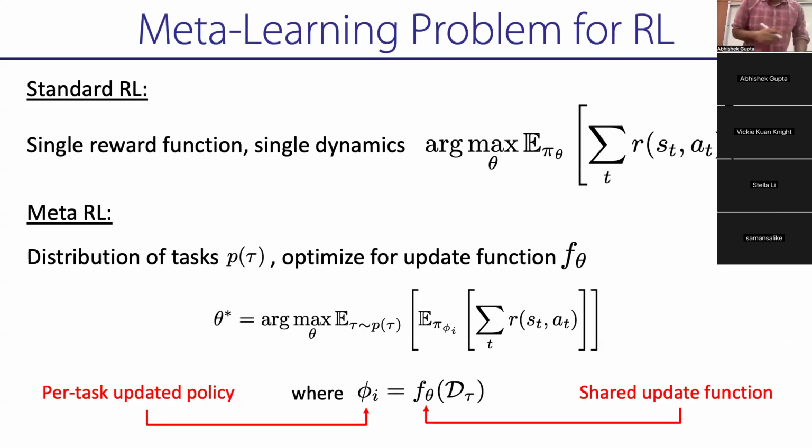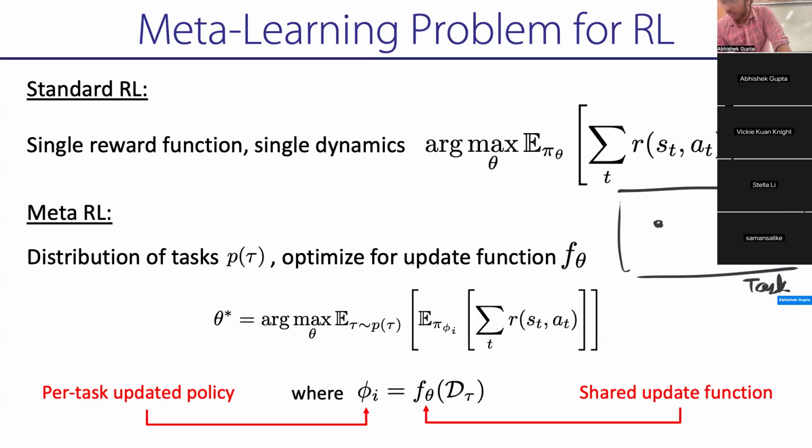Okay, let's try and draw it out a little more. Let's think of policy parameters as phis. Let's call this task 1. You're going to start from some policy parameters phi naught.